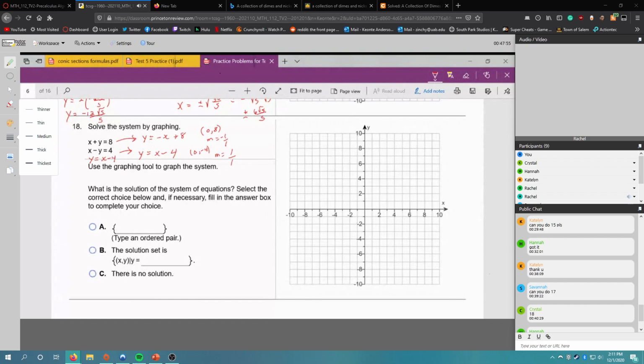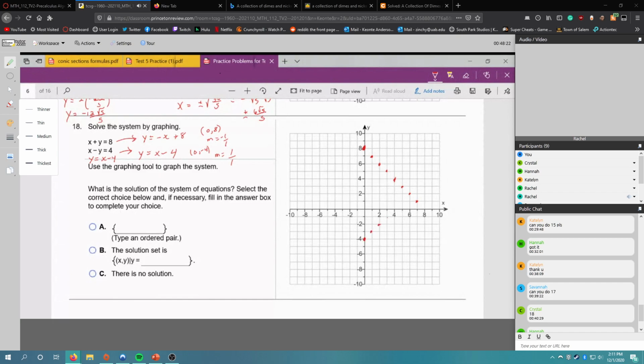It wouldn't matter. 0, 8 is my y-intercept for the first one, and I would go down 1, right 1. And again, once you do a couple of points, MATLAB's going to graph that for you. And then the second one, my y-intercept is 0, negative 4, and my slope is positive 1.